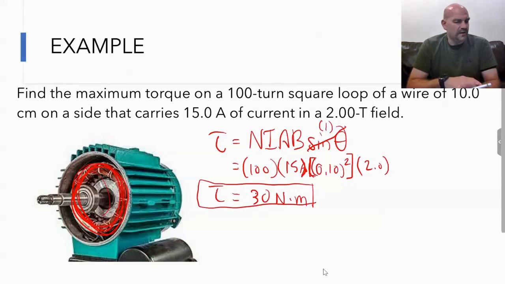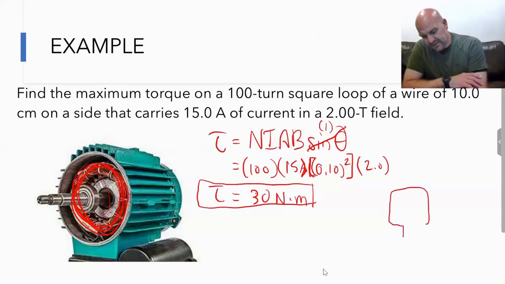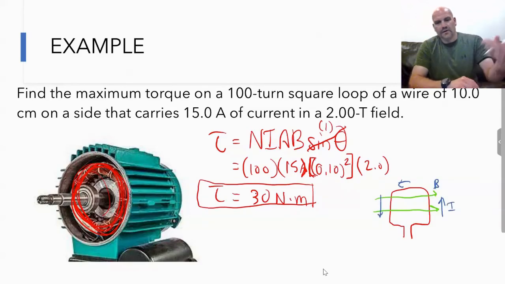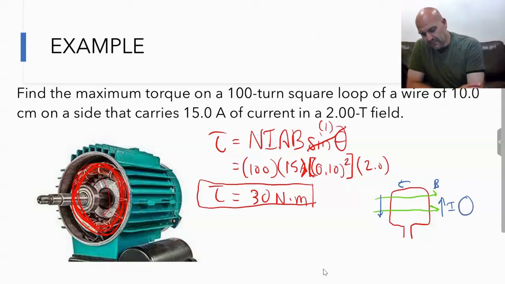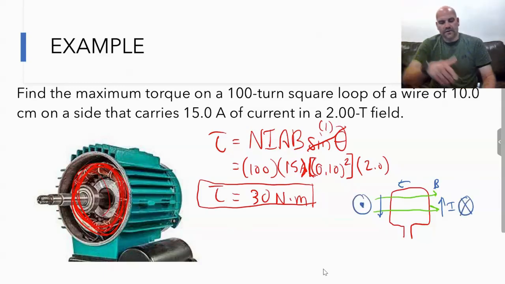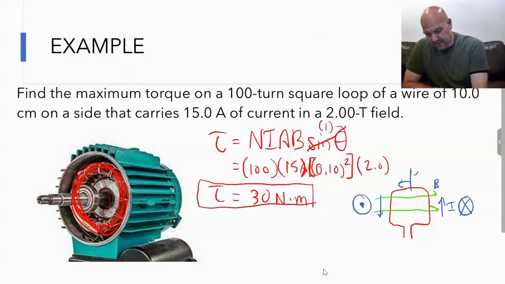To find the direction, we need a little more information, as to in which direction the magnetic field is going versus the direction that the current is going. If I'm looking at this configuration where B is going from left to right and I is going up, as we had before, it would spin in a counterclockwise manner.